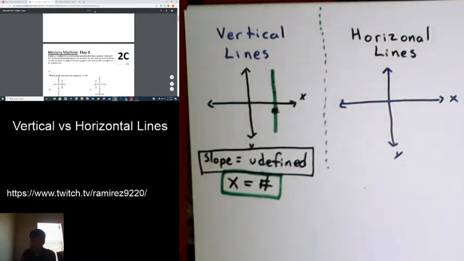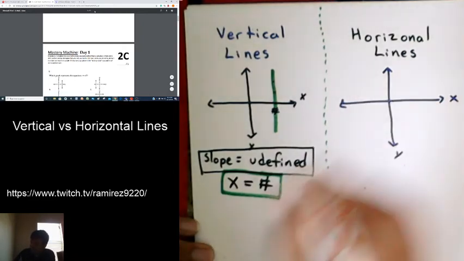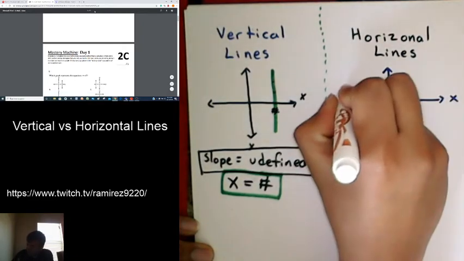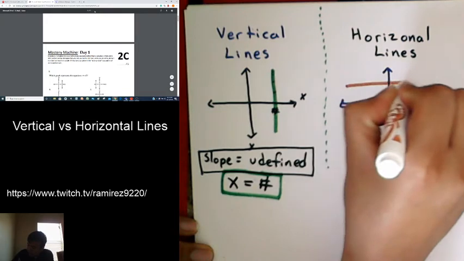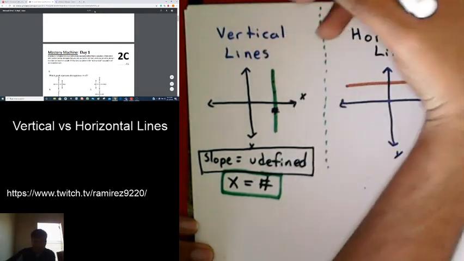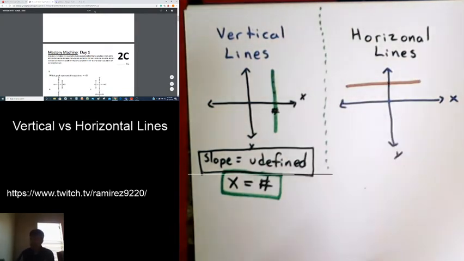Now for horizontal lines, well, obviously horizontal is like if you're laying down, and a good example of a horizontal line would be one that is just like this, just laying down. It could either be on the top or in the bottom or right on the line, doesn't really matter. So right there we have the equation of our horizontal line.